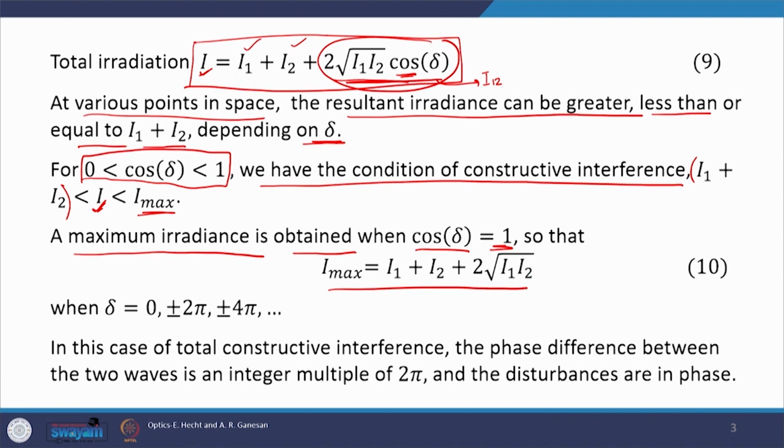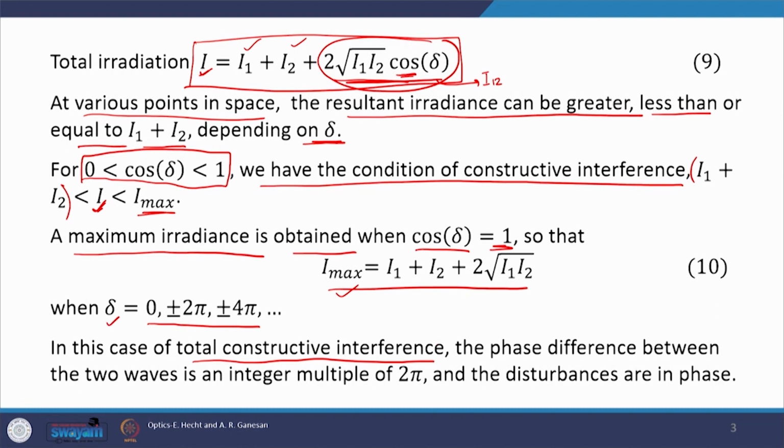When will we get this maximum irradiance? We get maximum irradiance when delta is an integral multiple of 2 pi, that is, when delta is equal to 0, plus minus 2 pi, plus minus 4 pi, and so on. In the case of total constructive interference, the irradiance becomes equal to I max.